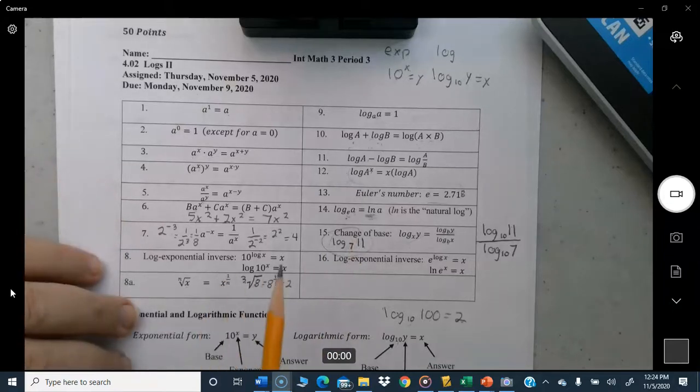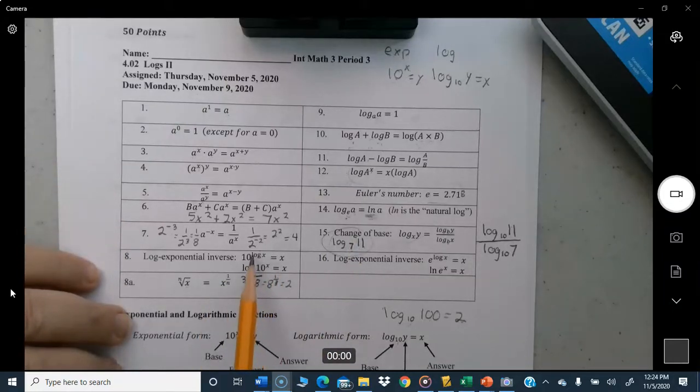All right, inverses. We're going to work with those. Since a log and an exponential are inverses, they undo each other. So if you take 10 and raise it to a power, that means it's an exponential, and that power includes a log in it. The exponential and the log are going to cancel each other out, and you'll just end up with the x.